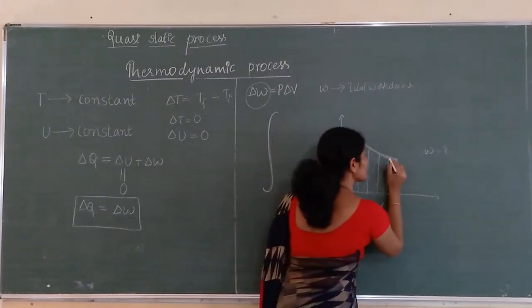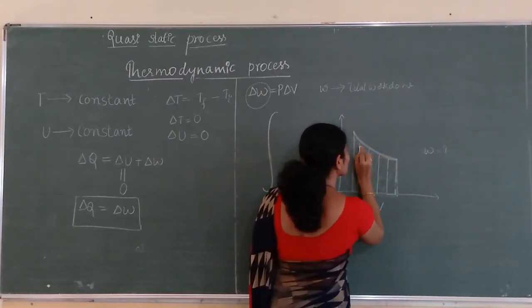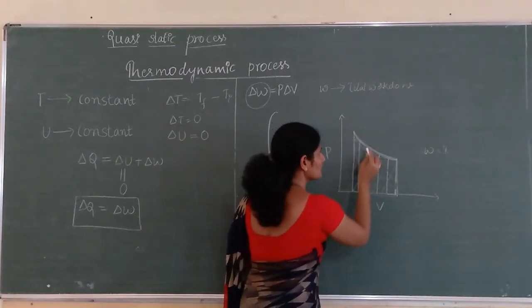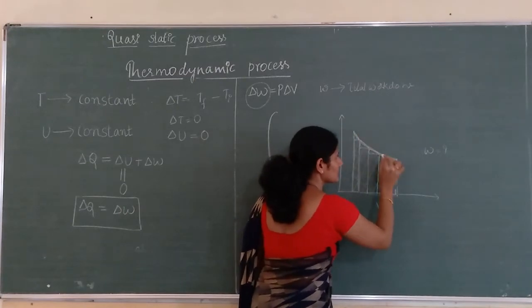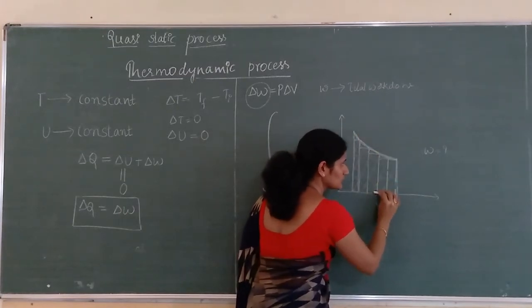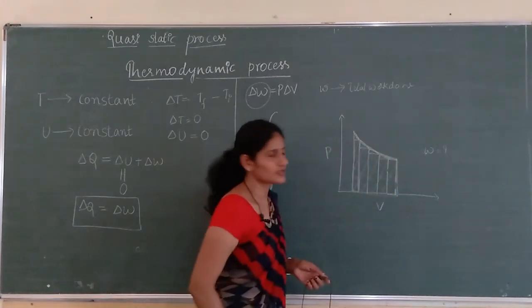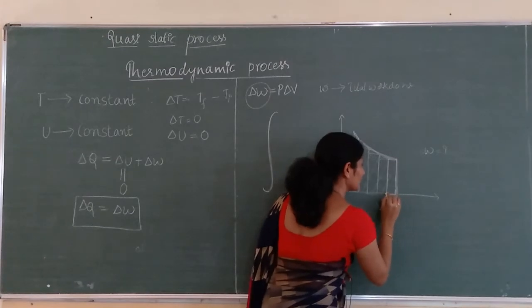So what we have to do is, we have to neglect this part. This part is very small compared to this part, so we can neglect these parts. On neglecting, we get rectangle.